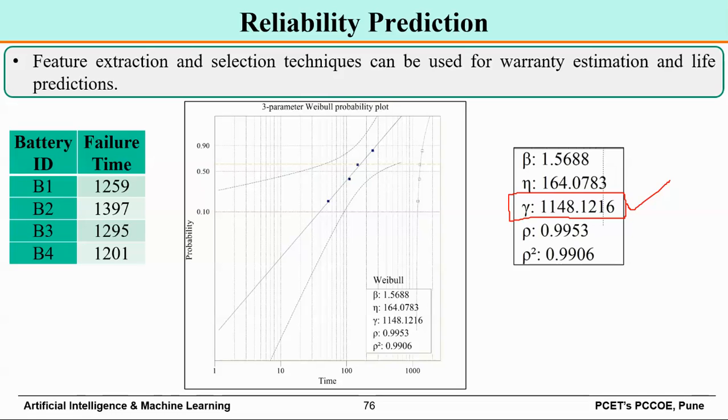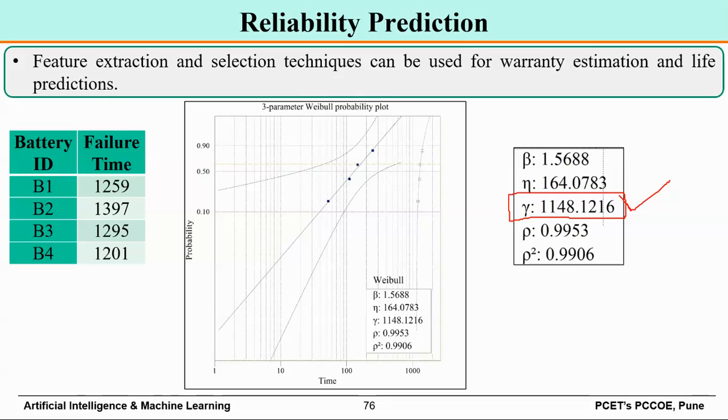So, can we give warranty of 1148 cycles to that battery? Because we have data, we have model. That model says put this particular battery into operation till 1148 cycles, battery will not fail. So I can give that as a warranty period. Can you say? थोडंसं आधी येणार.